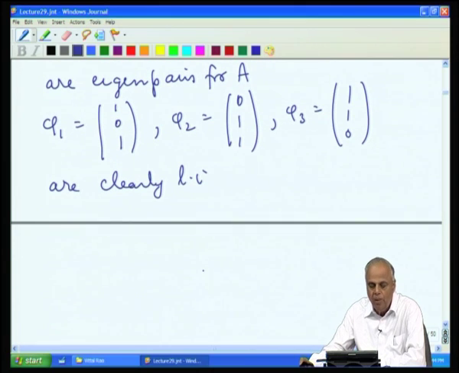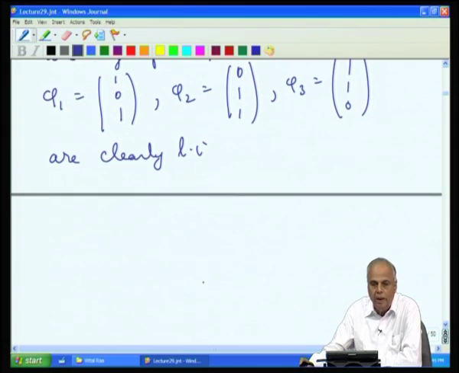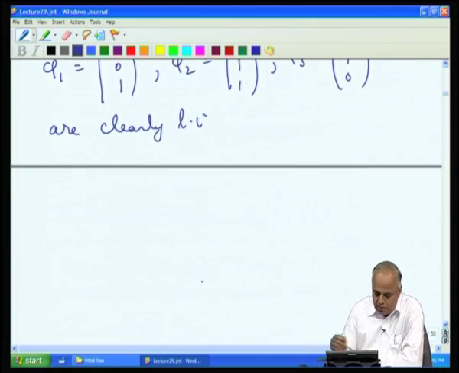And therefore, we have 3 eigenpairs in which the eigenvectors involved are all linearly independent, and this was our search for A to be diagonalizable.